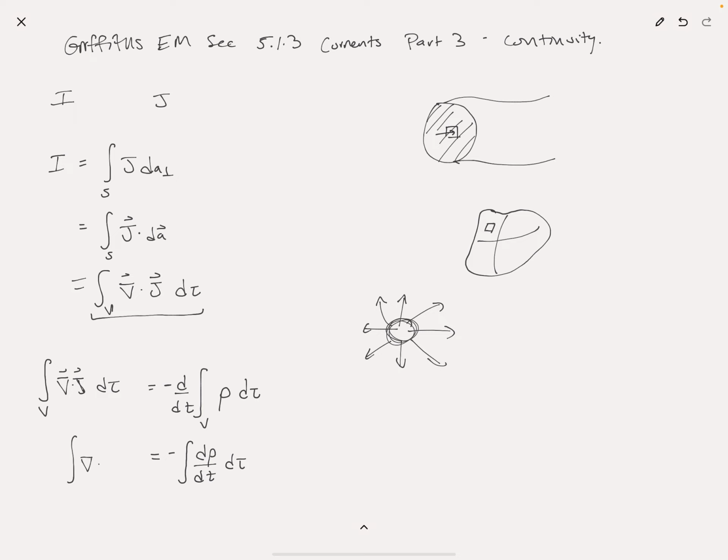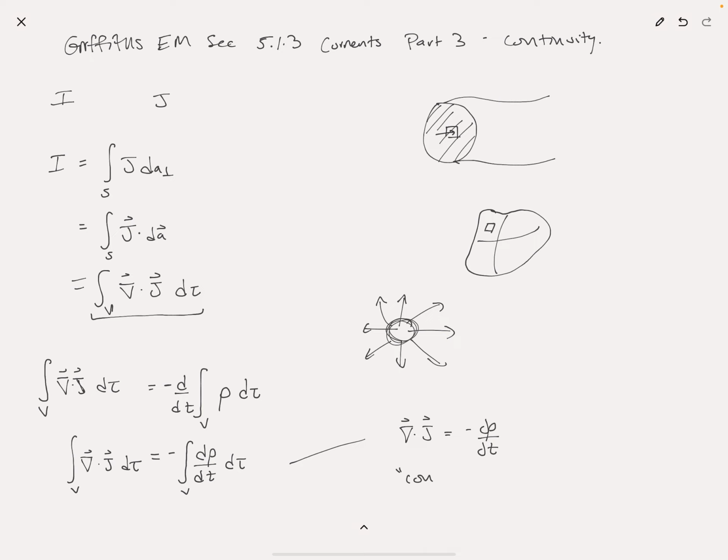And that is equal still to the divergence of our current density added up. Now these are both volume integrals over the same volume, and therefore it holds for any volume that the divergence of our current density is equal to negative the change in the charge density with respect to time.